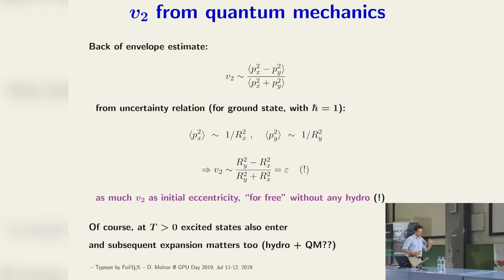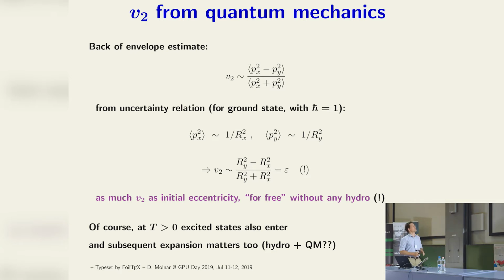And here is a simple idea that we put out a couple of years ago, a back-of-the-envelope estimate that there should be a problem. So imagine you have a quantum system in 2 dimensions. V2 is just this eccentricity in the dispersion of the system in momentum between the x and y directions. So great, just write this up. But if your system is supposedly in the ground state, just for the sake of example, and we keep h-bar equal to 1 to keep units simple, then these dispersions in momentum are related to dispersions in coordinate.